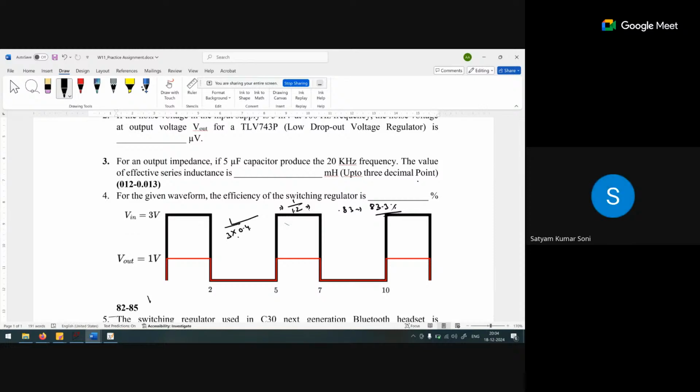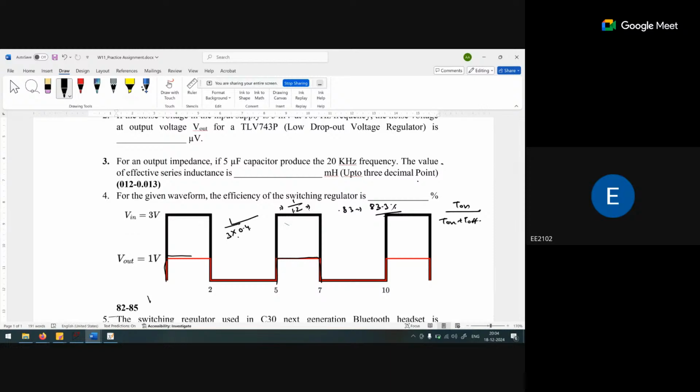Sir, how do we calculate the duty cycle as 0.4? The duty cycle is T on upon T on plus T off. The pulse is given from 0 to 2, or from 5 to 7, so on time is 2.